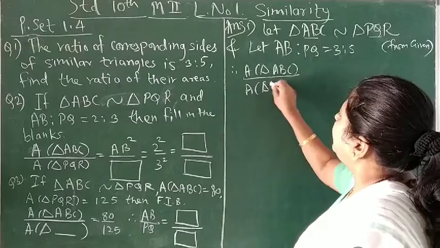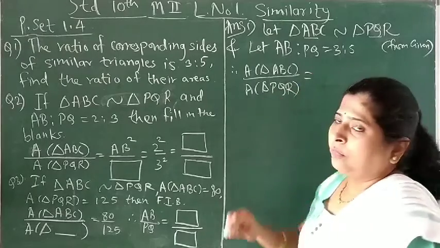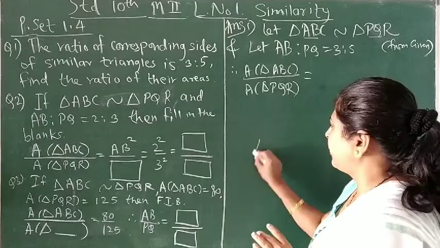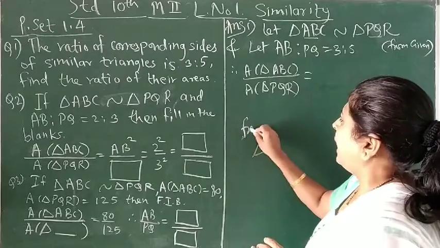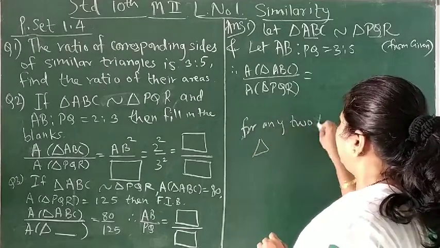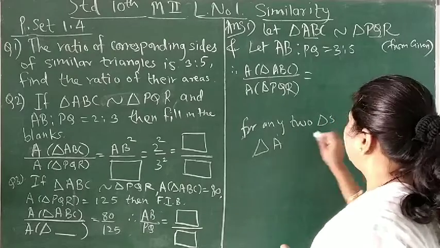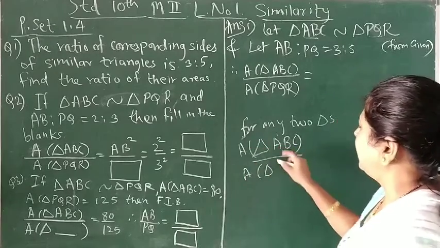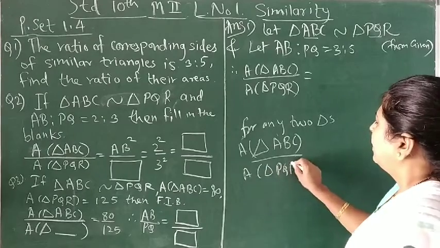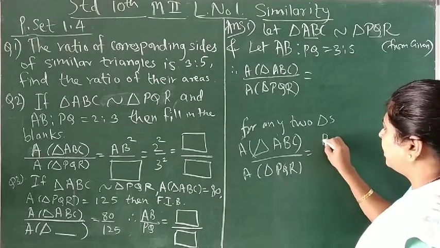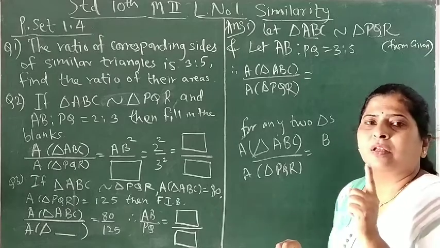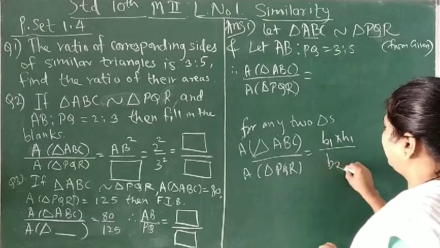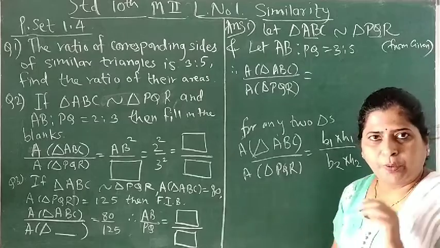Now, as per the theorem, for any two triangles, say ABC and PQR, if we want to take the ratio of their areas, area of triangle ABC upon area of triangle PQR, it is the ratio of the product of their corresponding bases and heights, so B1 into H1 upon B2 into H2. This is the property we have seen.